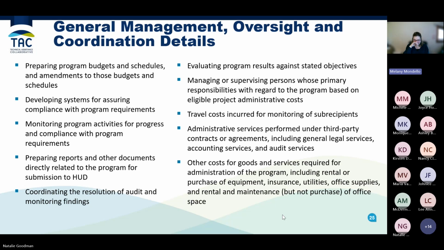So if you're a small agency and you have an audit service, you might take that audit and charge a portion of it out to each of your project grants, or you might have it up in your indirect. You decide where those go. But these last two are just general buckets for things that you're bringing in outside parties for. And then the last bullet is talking about office supplies, utilities, space.